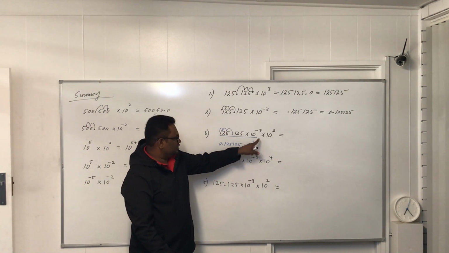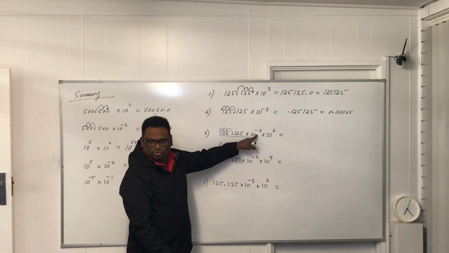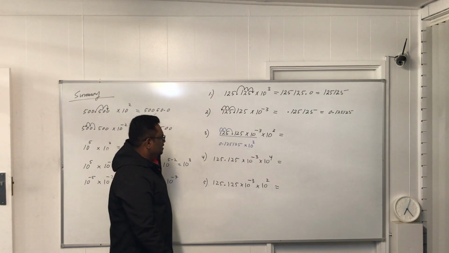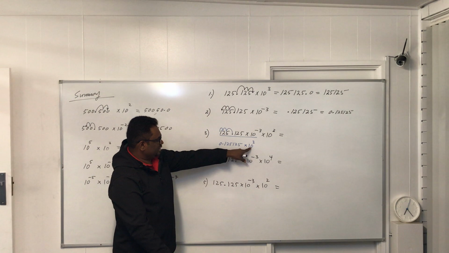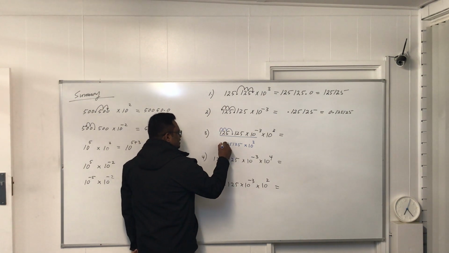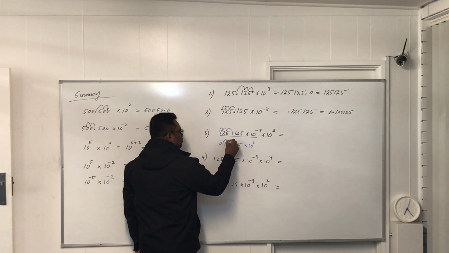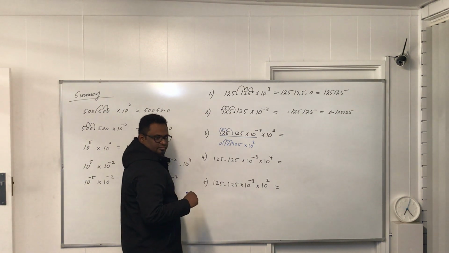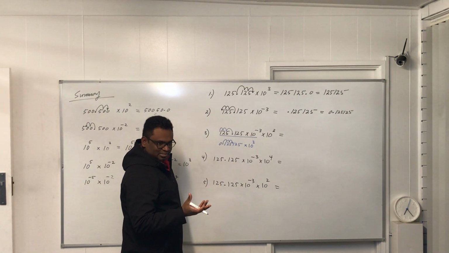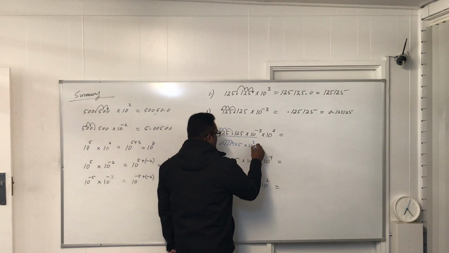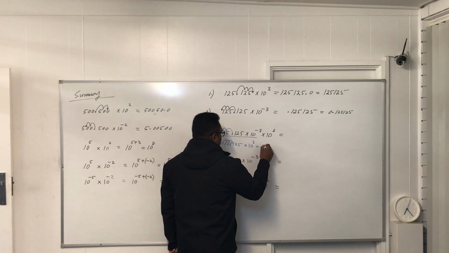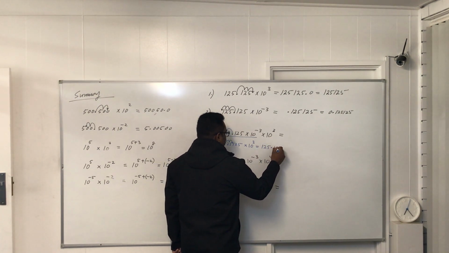So this is what we do the first time. Then what is happening with this? This will again move 3 positions to the right. What is the answer? 125.125.